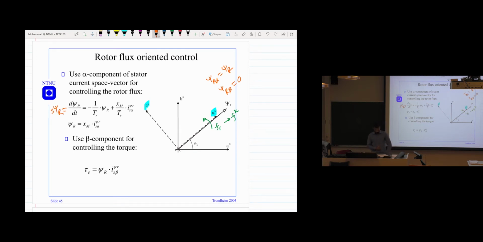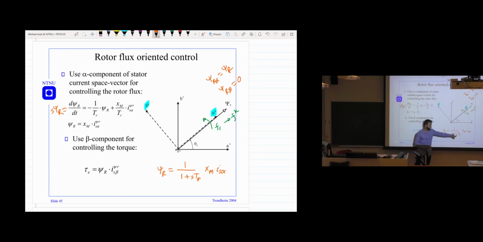And from this you can write the CR, because we are using the alpha component of the current to produce the torque, then you can write that CR which comes 1 over S TR XM IS alpha. So you have this alpha component there producing this one.